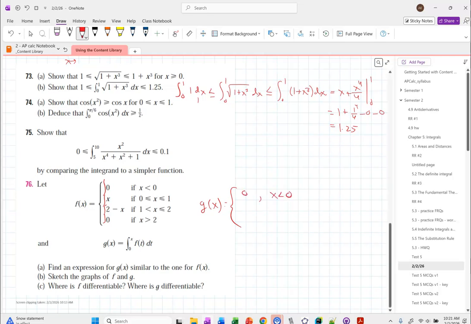Okay. If we're x from 0 to 1, it's going to be 1/2 base times height. And the height is x, and the base is x.